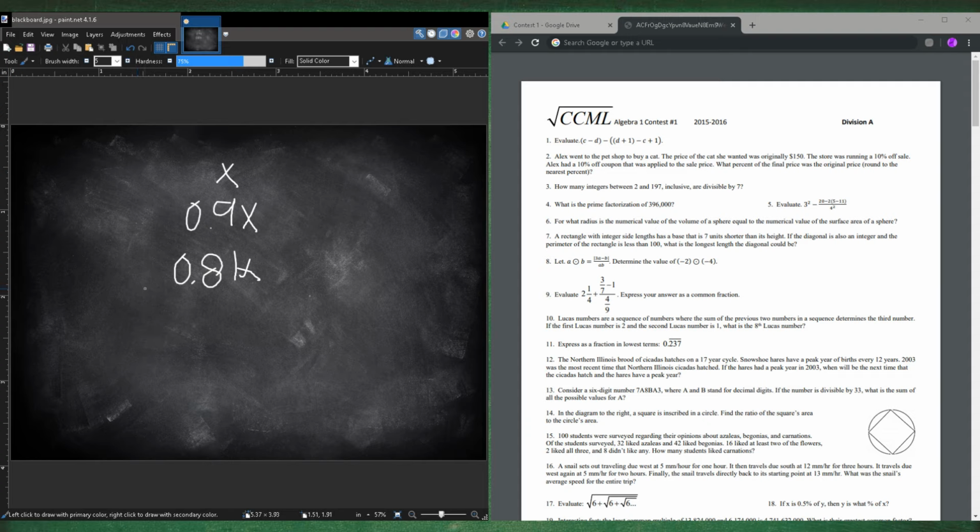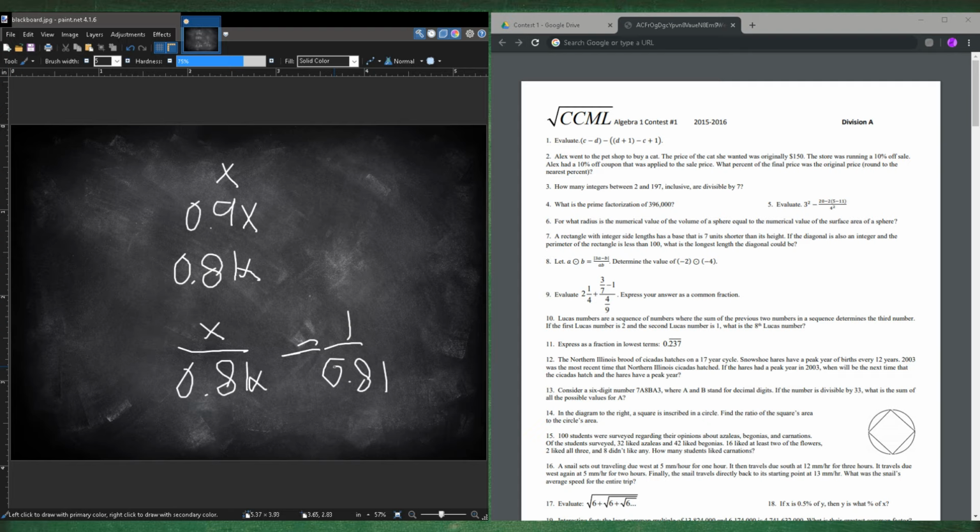What this is telling us is, what is the original price compared to the new price? So it's x divided by 0.81x, so 1 divided by 0.81.